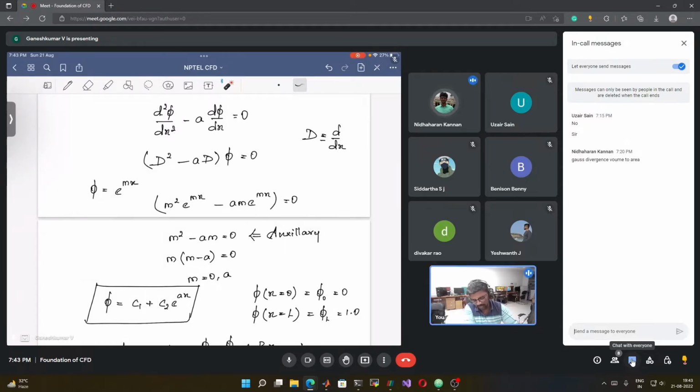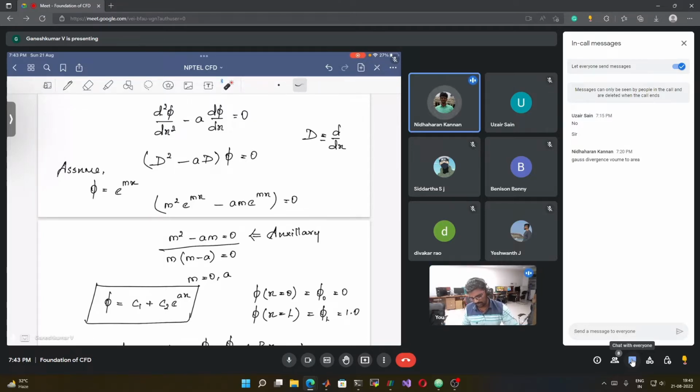How it comes is, you assume that phi is equal to e power mx. It's an assumption, like phi can take a form of e power mx. So any solution can be expressed in exponential terms. This m can be real or complex, it doesn't matter, but the solution can be expressed in exponential terms. So when you substitute this, you will end up getting this equation.